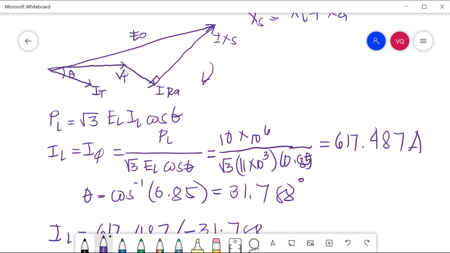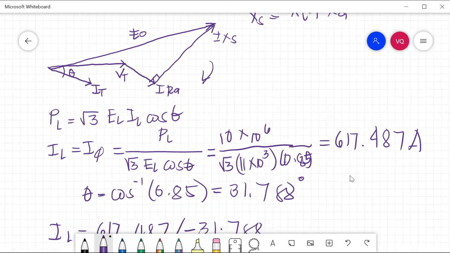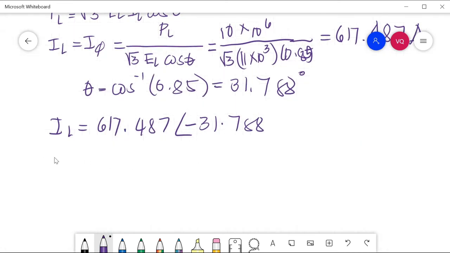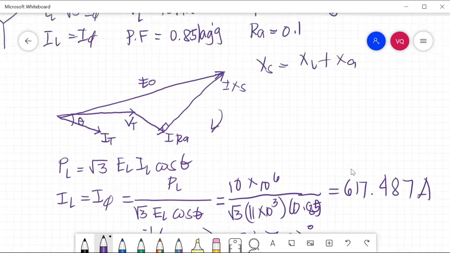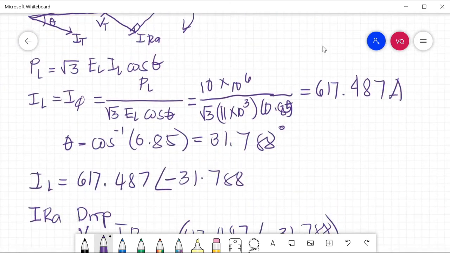Okay, so we will now solve the drop IRA and IXS. For the IRA drop, let's say VA for IRA. This is resistive, so it has an angle of 0. 617.487 angle negative 31.788 times the armature resistance, 0.1.